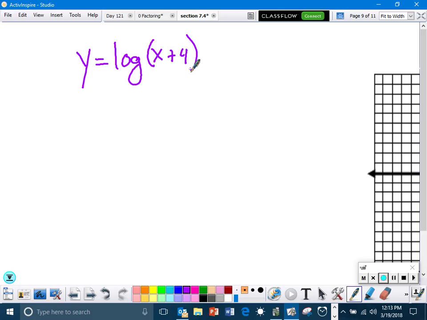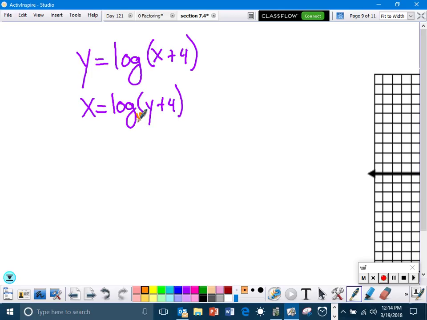All right, so the first thing we're going to do, remember, is switch x and y. So x equals log parentheses y plus 4. Look back at the previous page. Now we're going to rewrite this in exponential form. So the base here, remember, is a 10.